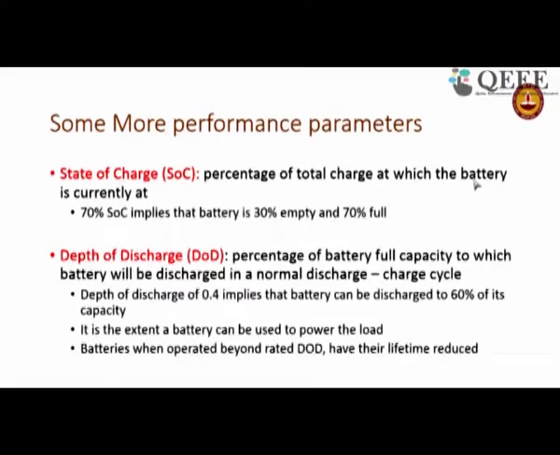So depth of discharge has to do with not damaging the battery or its lifetime. For example, the depth of discharge of a lithium battery, the kind we use in our cell phones or laptops today, is about 90%, probably even 95%.